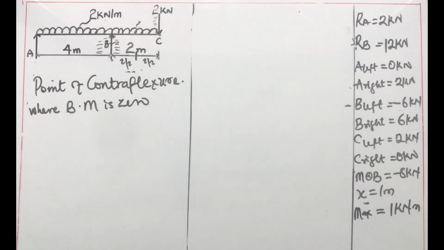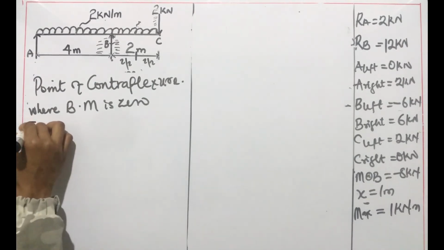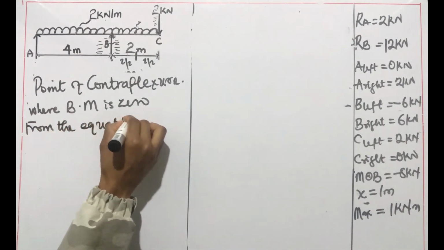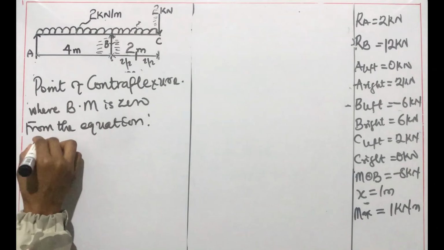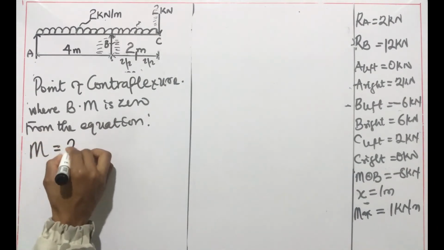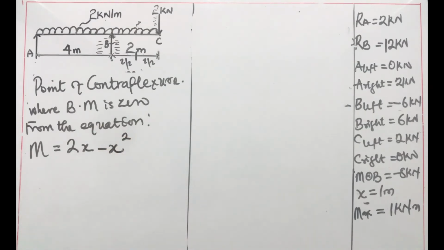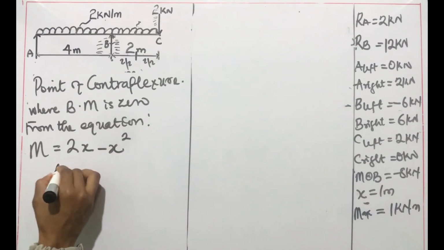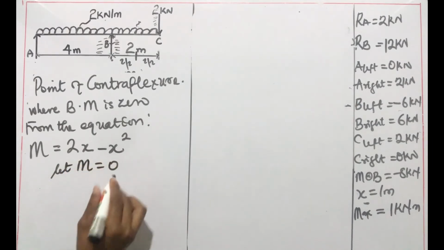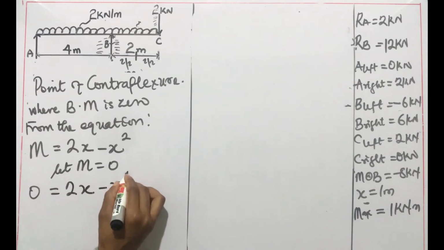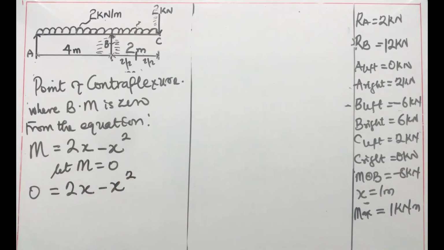So we're going to solve for the point of contraflexure simply by using the equation we got for maximum bending moment. At this point, we are looking for the distance at which moment tends to 0. So we substitute M is equal to 0 and then look for the value of x.